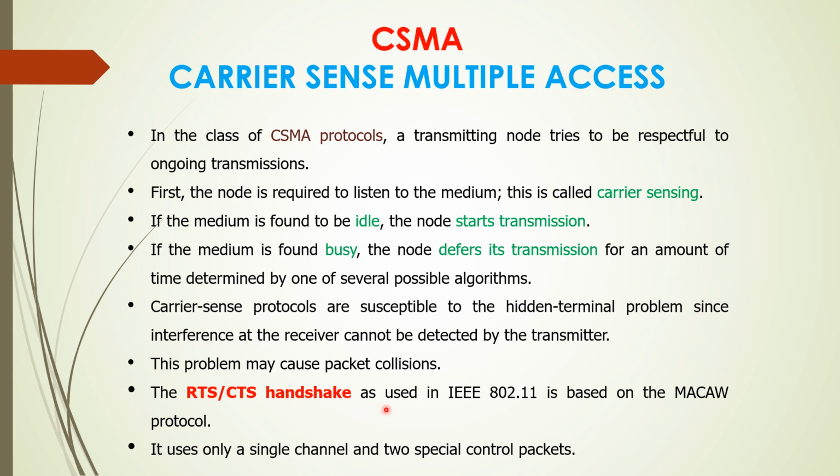This is used in IEEE 802.11 wireless LAN. It is based on multiple access with collision avoidance for wireless protocol, which uses only a single channel and two special control packets.